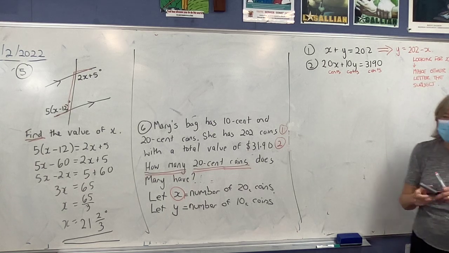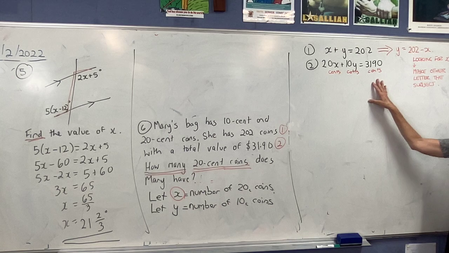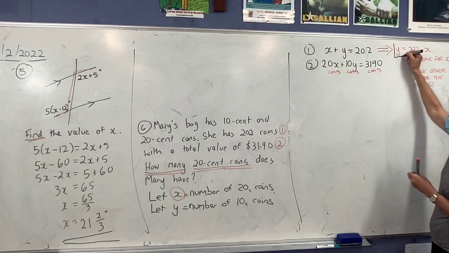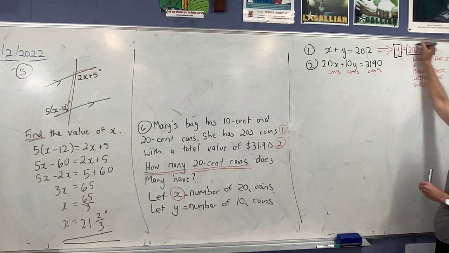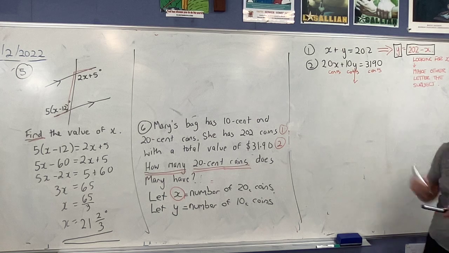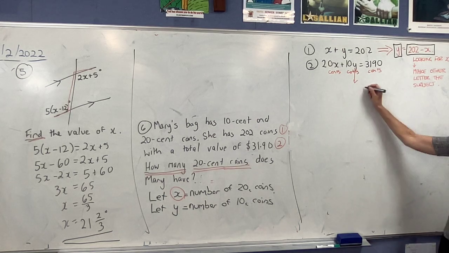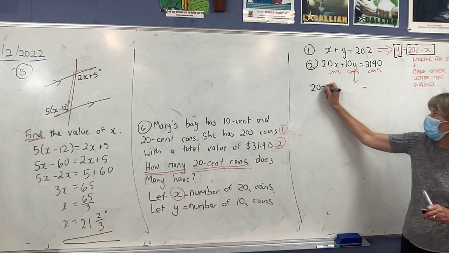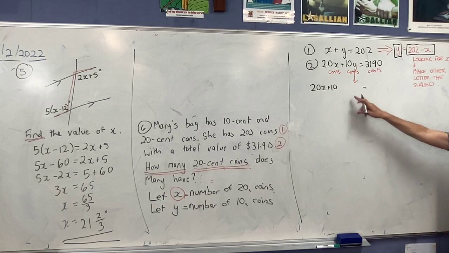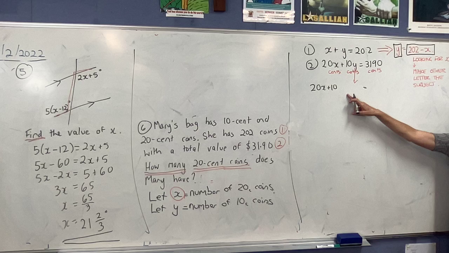Okay, so what we're looking at now is just equation 2. Now where we see y, we're going to write 202 minus x. So in place of y, we're going to write 202 minus x. Let's move this over a little bit. Who can tell me what I'm writing now? Dean? Plus 10, minus 202 minus x.